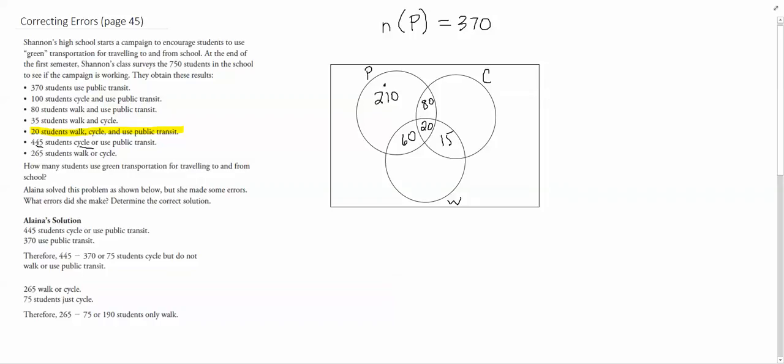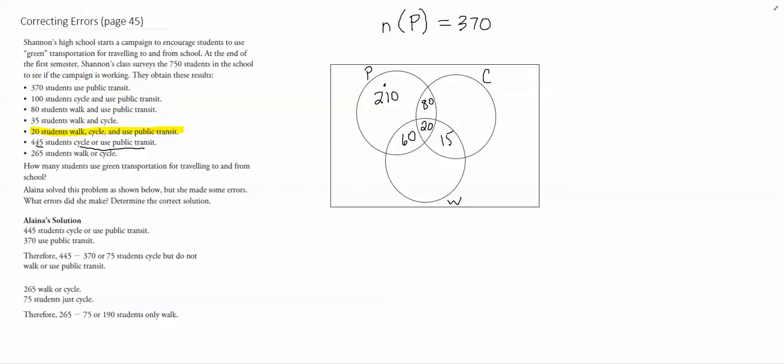Now we're told that 445 students cycle or use public transit. So that's the union of these two. So now if I take each of these pieces and subtract it from 445, I can find the number of students who cycle only. So I start with 445.